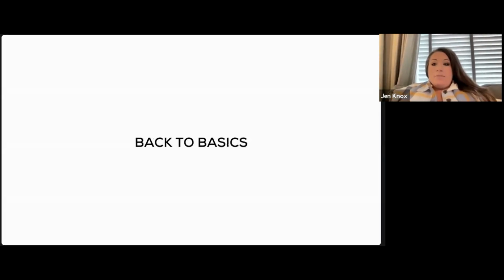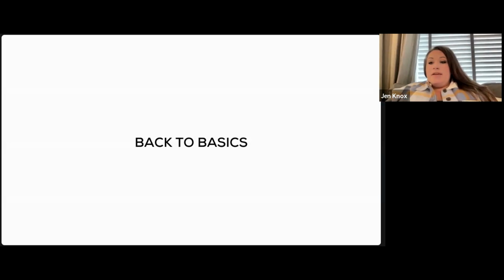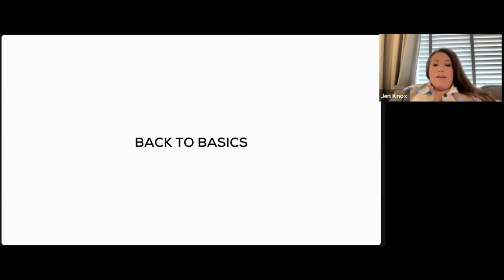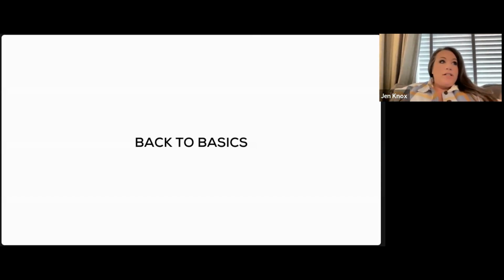So when we do this back and forth, I actually have an example of one I did earlier in my career. There were quite a bit of problems that came up on this inspection, and at the end of the day, the buyer just wanted a credit, but was willing to take work done.